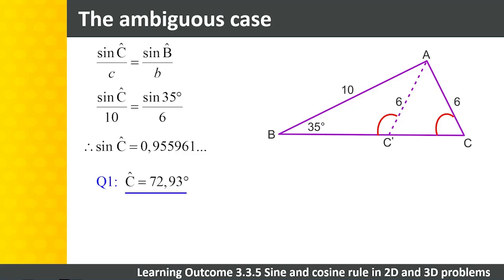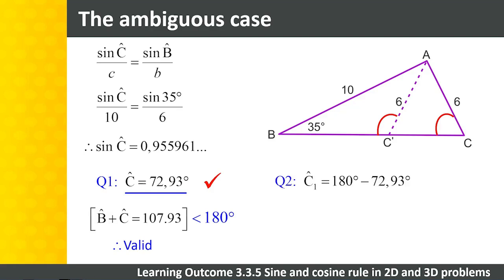As sine is positive, we need to look at quadrant 1, where C equals our reference angle, 72,93 degrees. Let's check if this is a valid answer. If we add angle B and C, it adds up to less than 180 degrees, so this solution is valid.